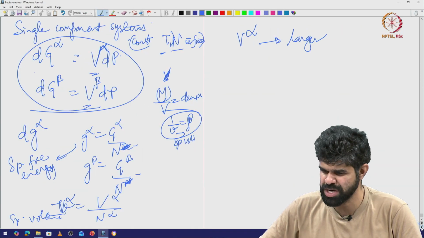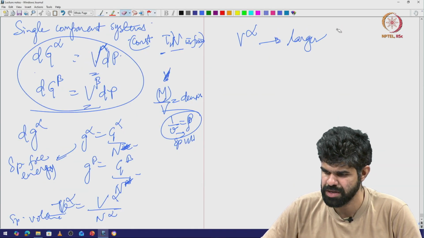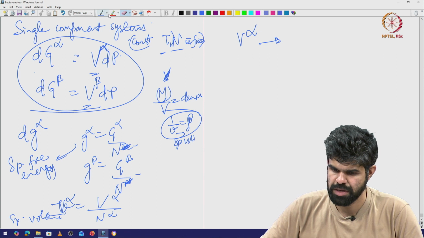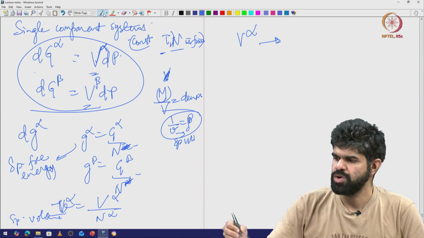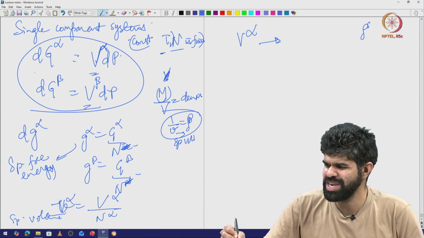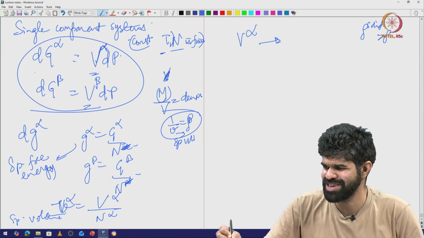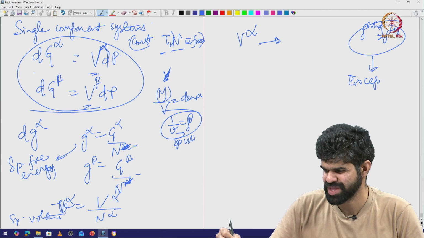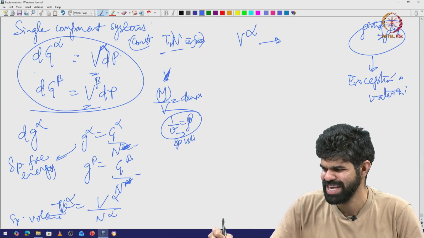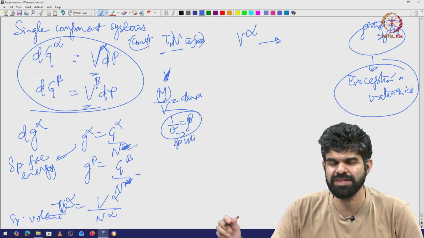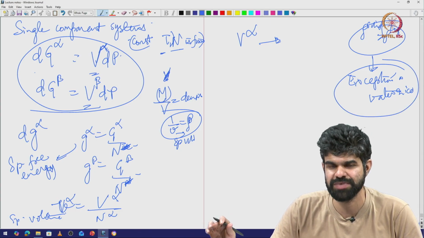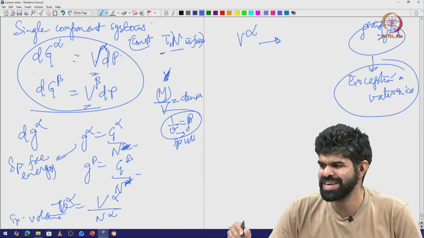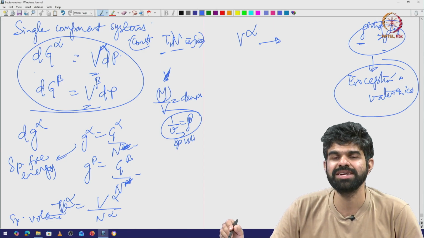Except for water, which is an exception, the density of solids is typically larger than the density of liquids. The exception is water and ice. Let us not worry too much about water and ice, we will come to the case of water and ice very soon, right. But in general, the densities of solids are larger than densities of liquids.